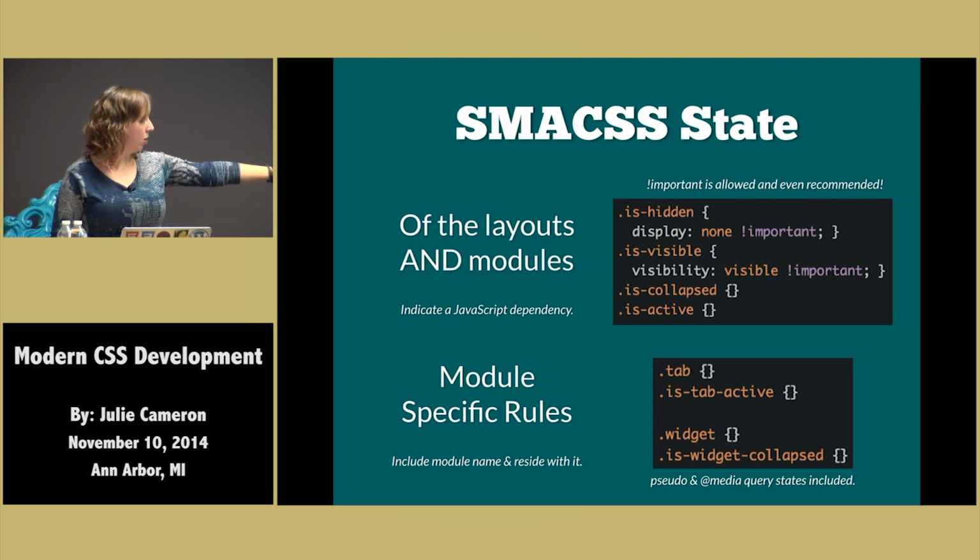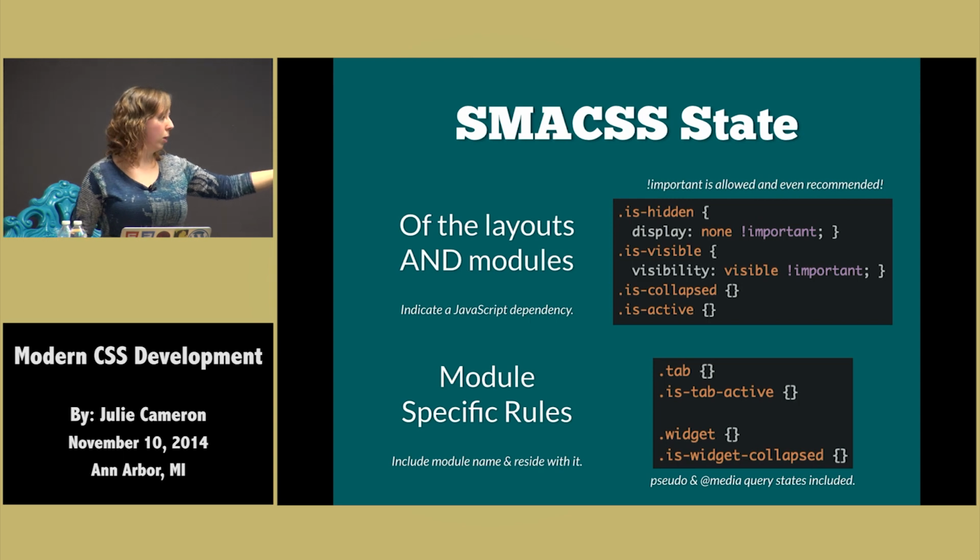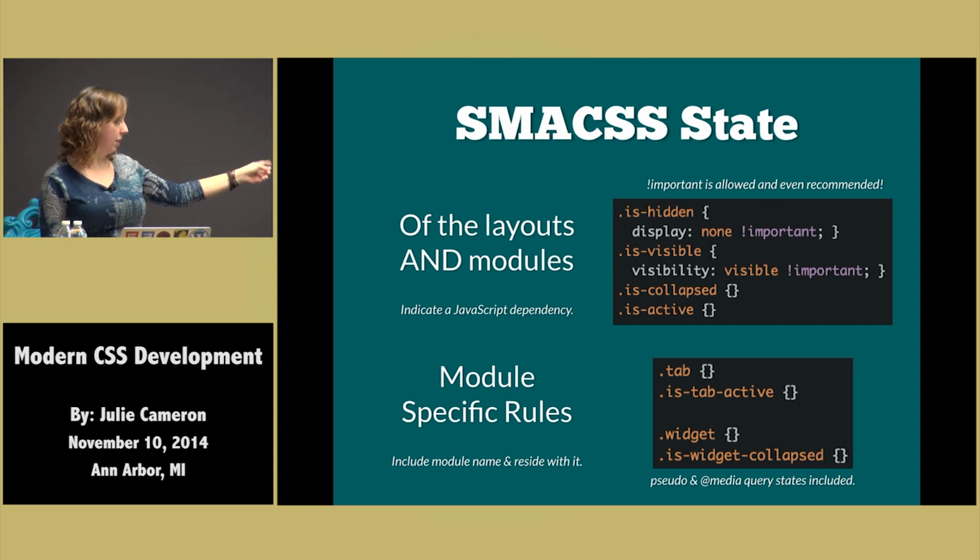So we've got a tab here. We're going to define all of our tab styles, and then we're going to tie any specific states for that tab right there with it, and we're going to kind of namespace it: is tab active. Pseudo states and media query states would also be included here. So you're going to tie those all to the module.